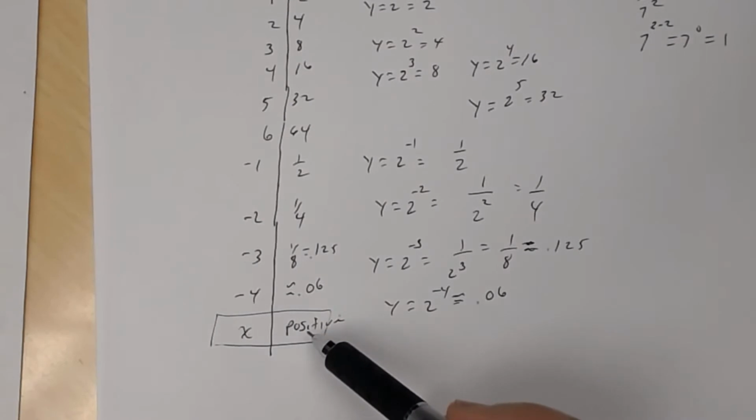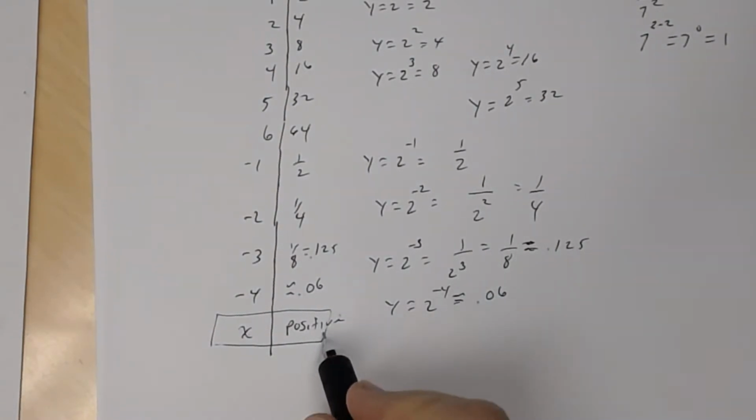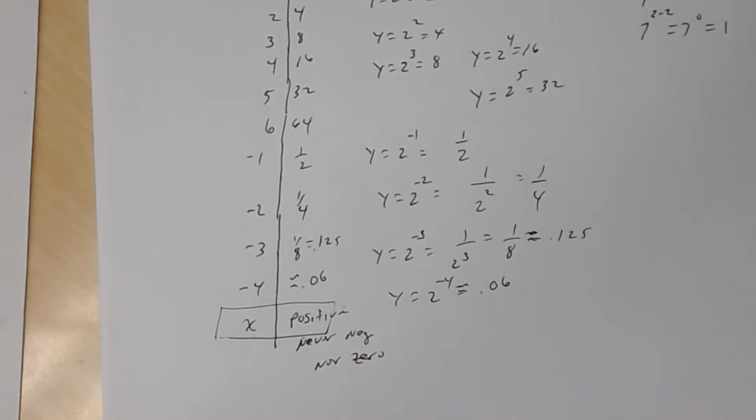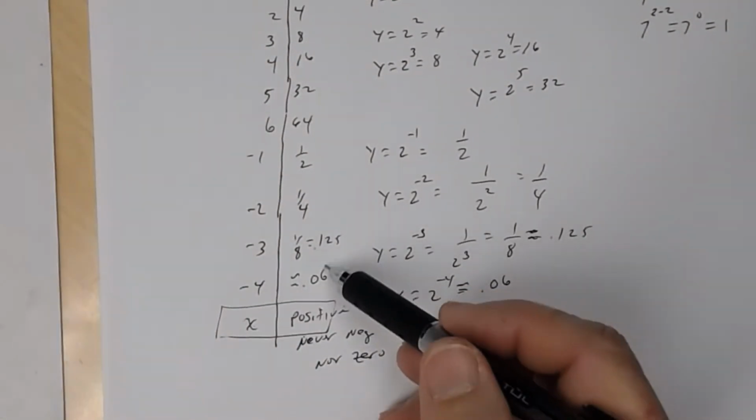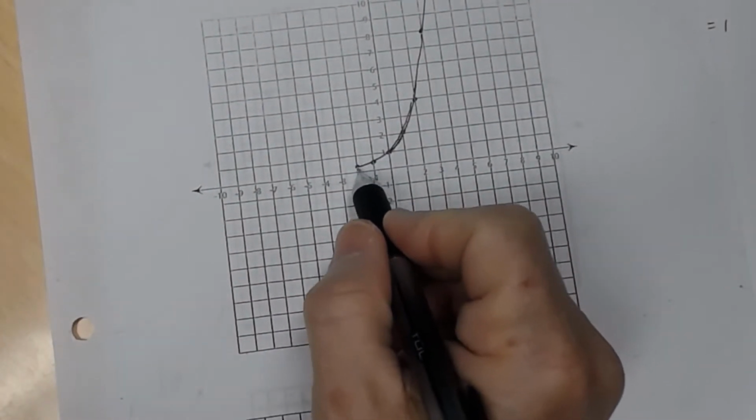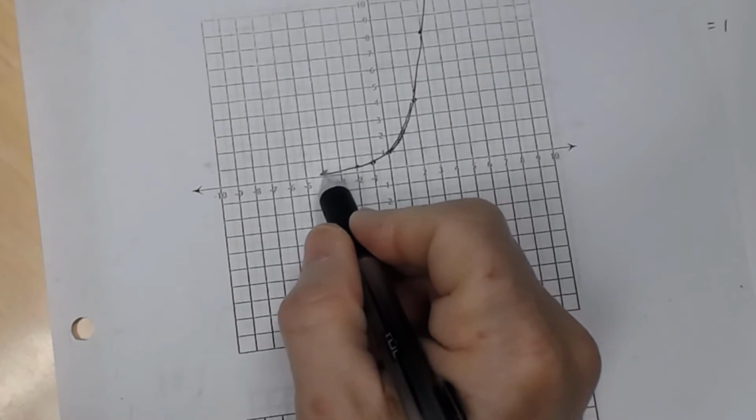It's never negative, nor 0. So it's getting smaller, getting closer and closer to 0.